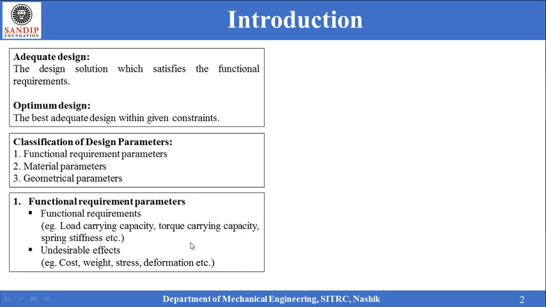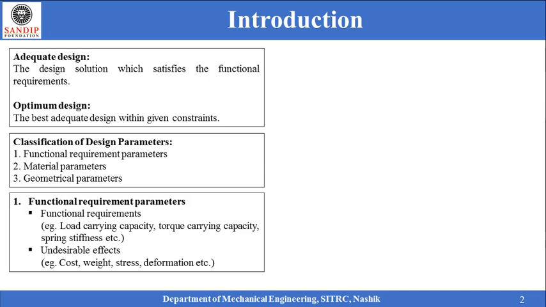Apart from functional requirements, sometimes undesirable effects are also important in design. For example, cost of a component, weight of the component, stresses induced in the member, deformation of a certain machine element. These are all undesirable effects, and in some cases they are more important than the functional requirements.